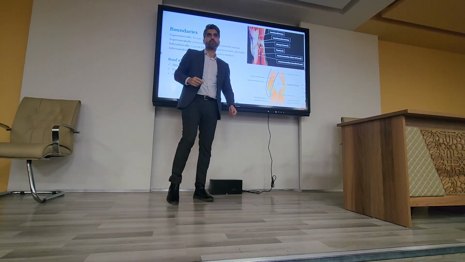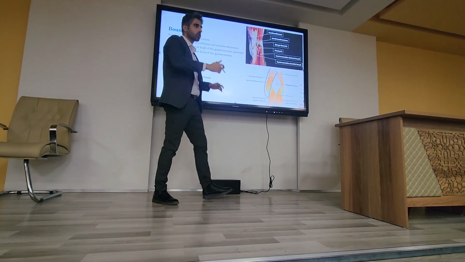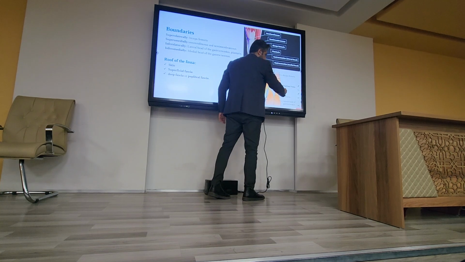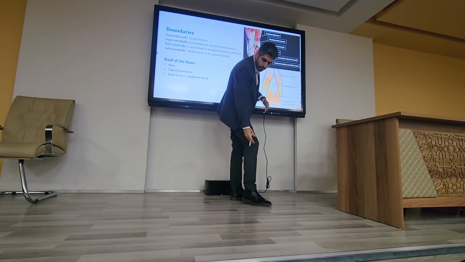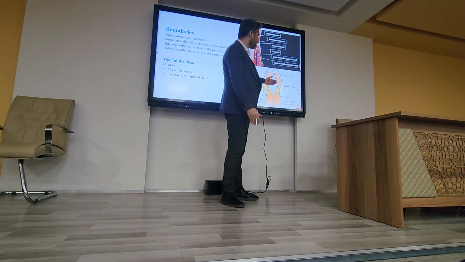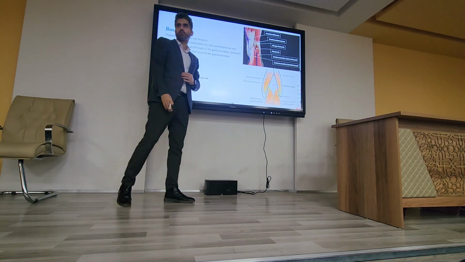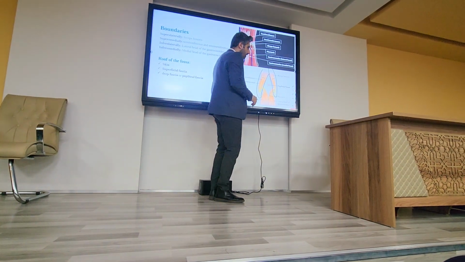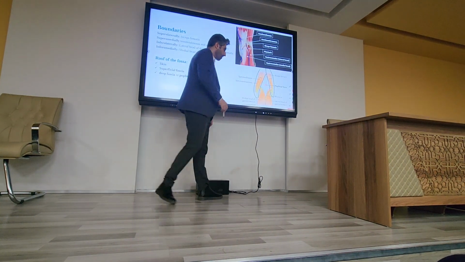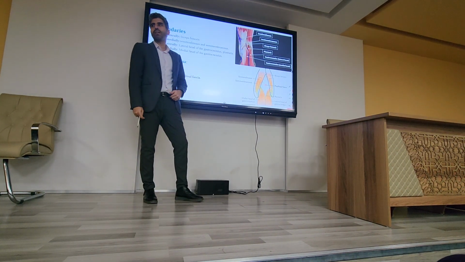They go to the medial side. Upper lateral, biceps. Biceps is here. Okay. How about the lower boundaries? We have one muscle. The name of this muscle is gastrocnemius.